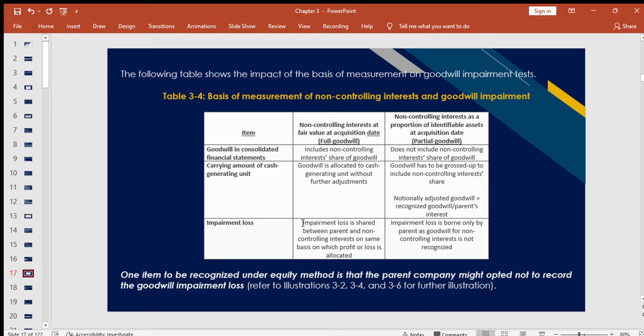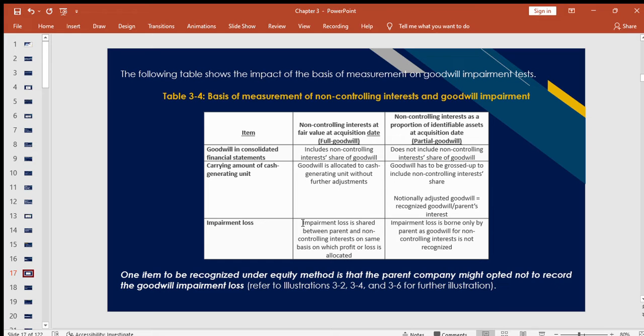Under the basis of measurement of non-controlling interest and goodwill impairment, the item is goodwill in consolidated FS. Under full goodwill, non-controlling interest includes non-controlling interest's share of goodwill, measured at fair value. Under partial goodwill, non-controlling interest is a proportion of identifiable assets at acquisition date, and it does not include the non-controlling interest's share of goodwill.